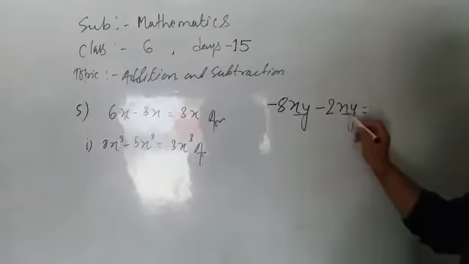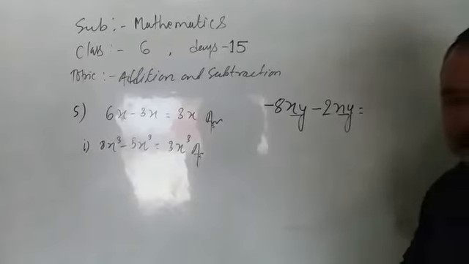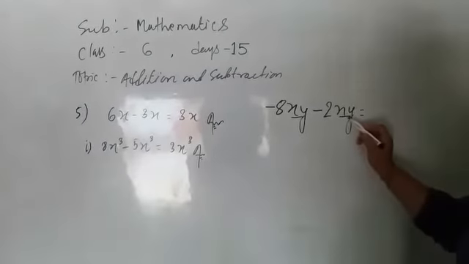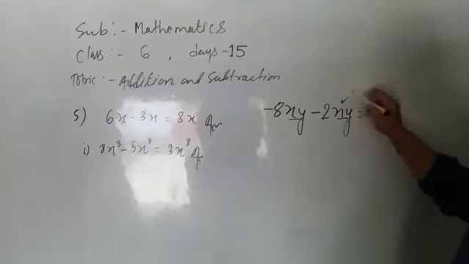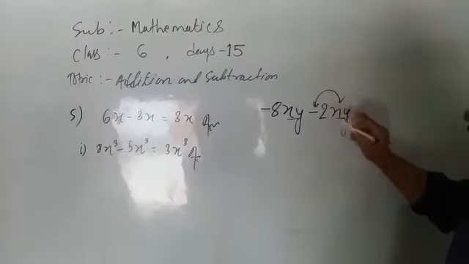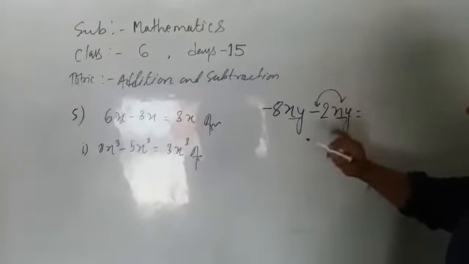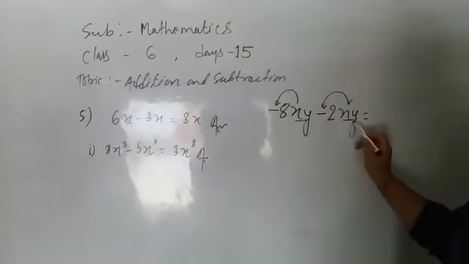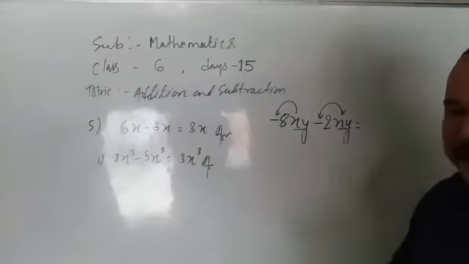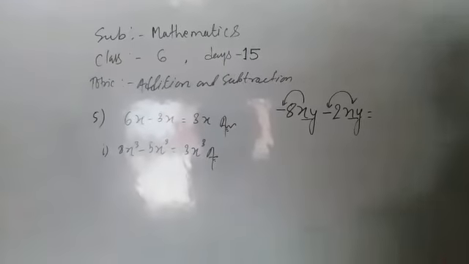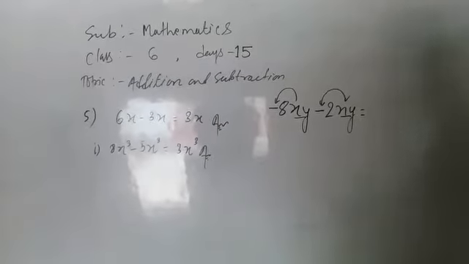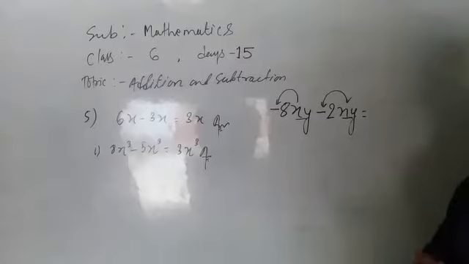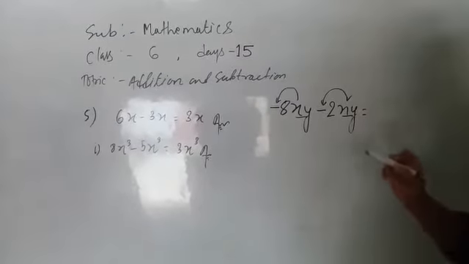Yes, they are like terms because their variables are x and y here, and also x and y here, and the sign before each is minus. So both terms have the similar sign. So you always remember that similar signs always add. Understood? They never subtract.